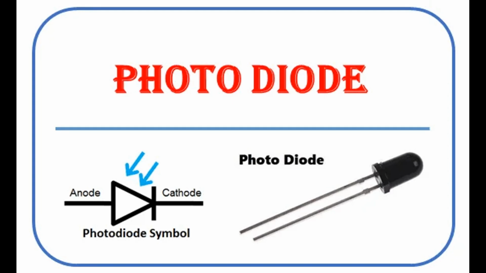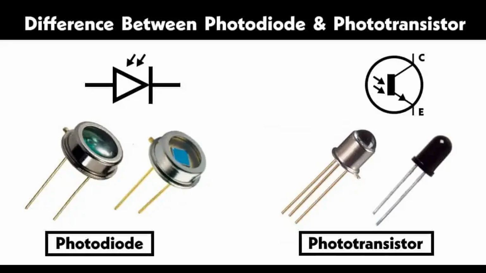8. Laser-based applications. Laser diode feedback. Photodiodes are used to monitor the output of laser diodes and provide feedback to maintain stable laser intensity or wavelength, such as in CD, DVD drives, and laser printers. Laser safety systems. They can detect laser beams in safety systems to ensure that dangerous laser radiation is not present in unintended areas. 9. Environmental monitoring.